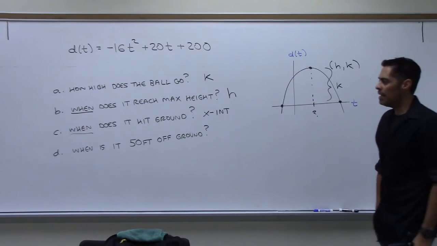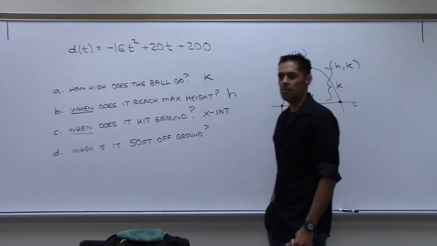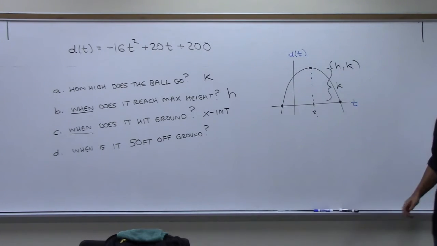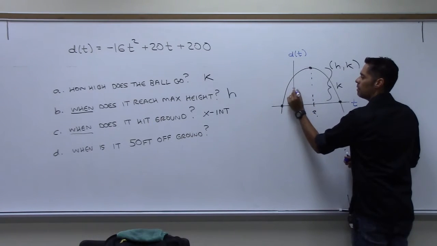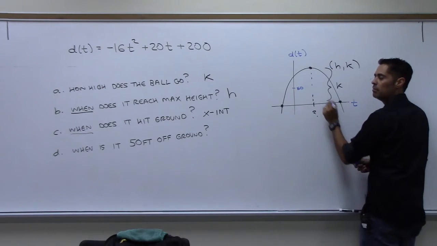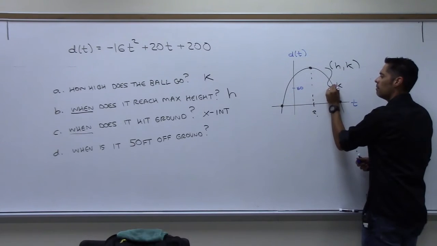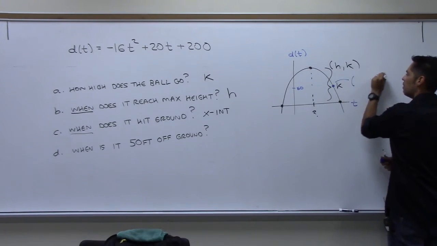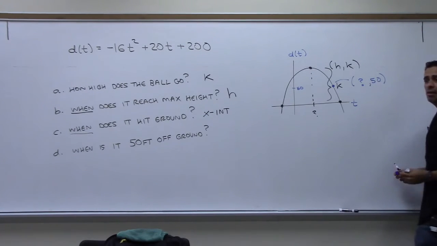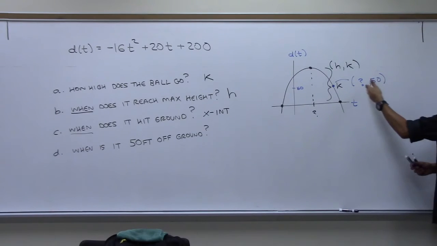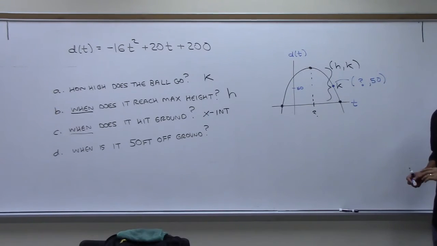When is it 50 feet off the ground? This one's the hardest one to interpret. Let's say 50 feet's right here. The question is, this is 50, what's this? What do you plug in to get 50? 50 is the output, right?